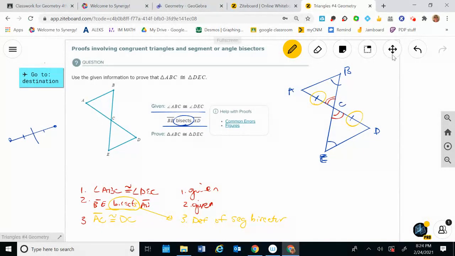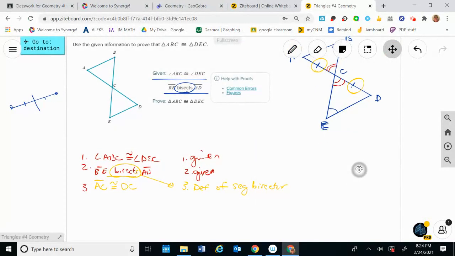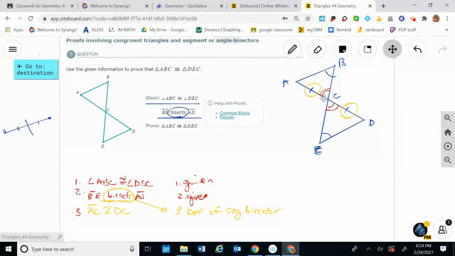And then you have to state the angles. Now, you can't say angle C and angle C, guys, because that doesn't work. You're going to have to use 3 letters. The marks that I make are the things I'm going to have to add to the proof.